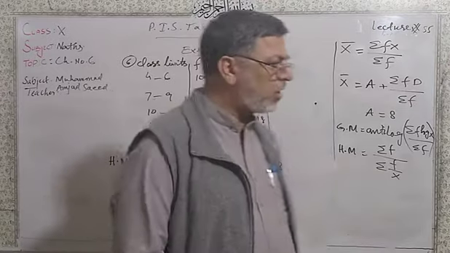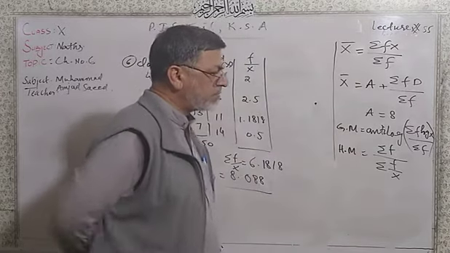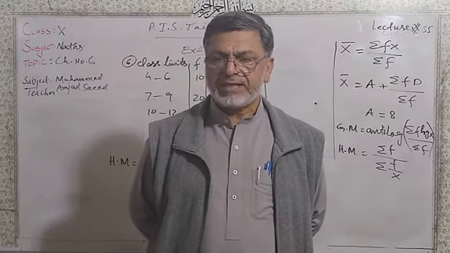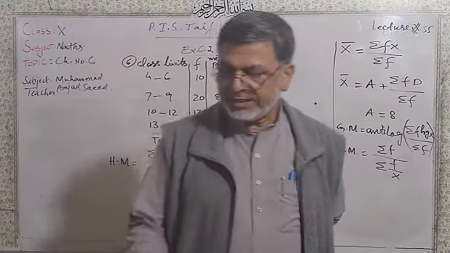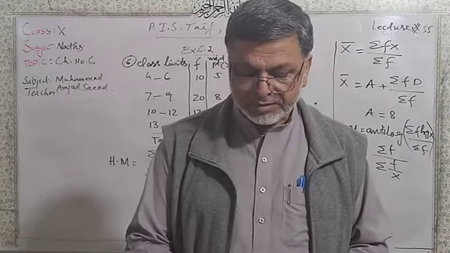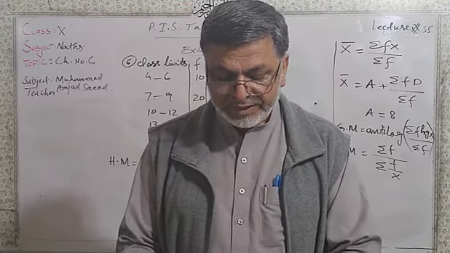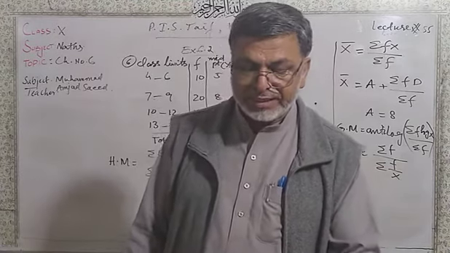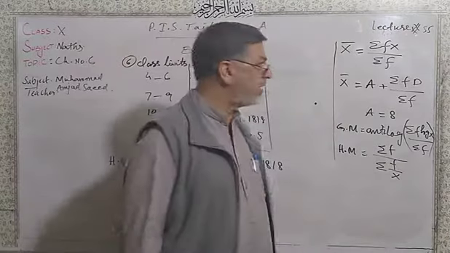If it is odd, then it will be n plus 1 over 2th item. And if it is even, n over 2th plus n plus 2 over 2th item. So in this way, you can find the value of your median and mode. After that, we have question number 10. In question number 10, we will move to our next lecture.